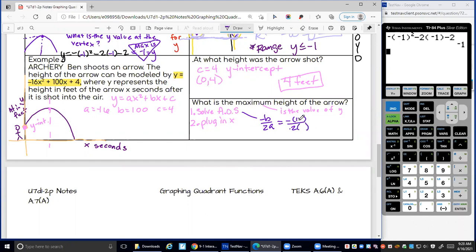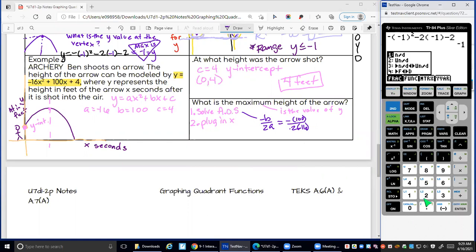B goes on top. And on the bottom, we have negative 16. You can actually just put it straight into your calculator, exactly the way you see it: negative, parenthesis 100, close parenthesis, down, 2, parenthesis, negative 16, close parenthesis, and enter. And we end up with 25 over 8.